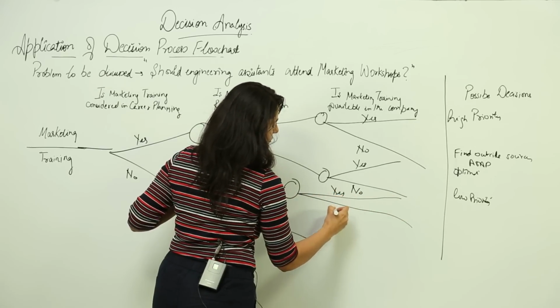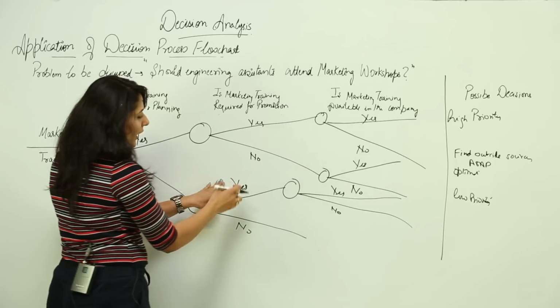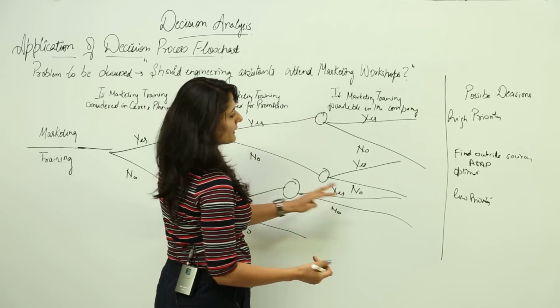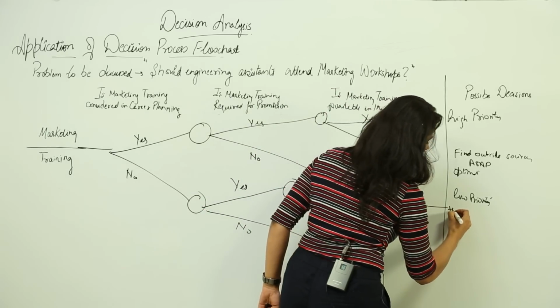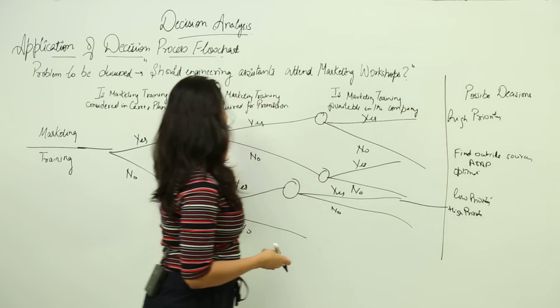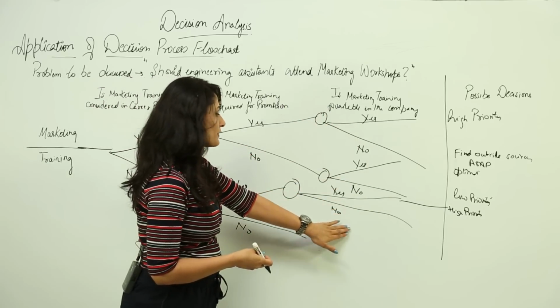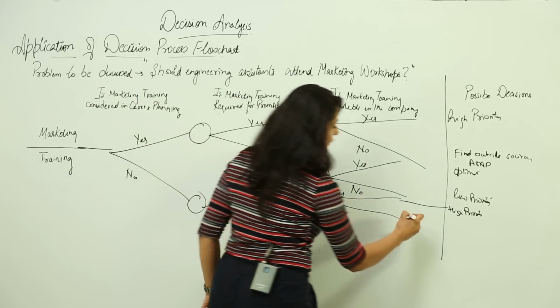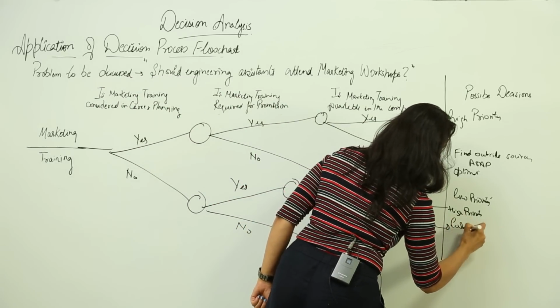The answer can be yes or no. If it is required for promotion and it is available, again it is high priority. But if it is required for promotion but it is not available in the company, then again you have to look for outside training.